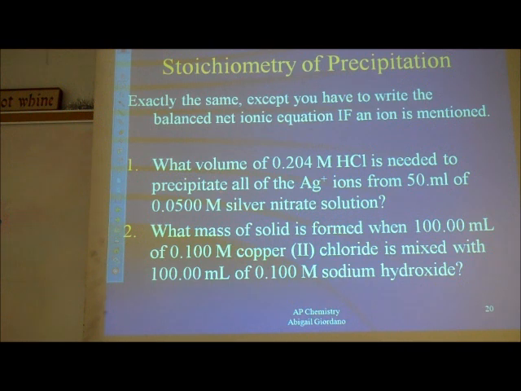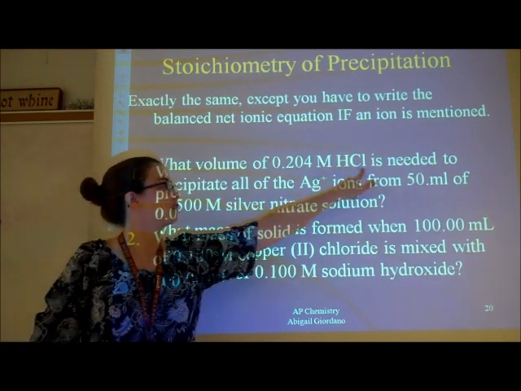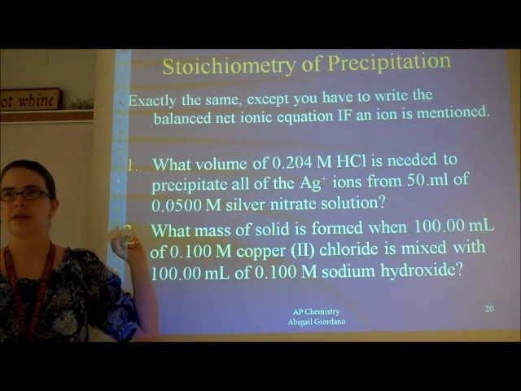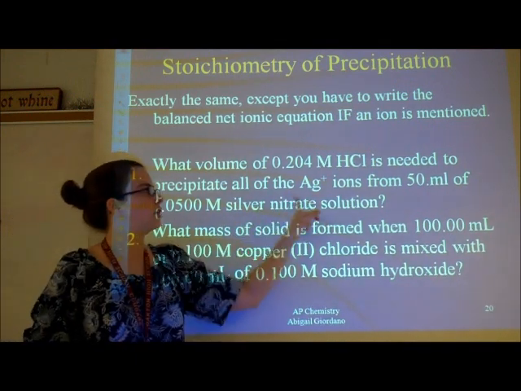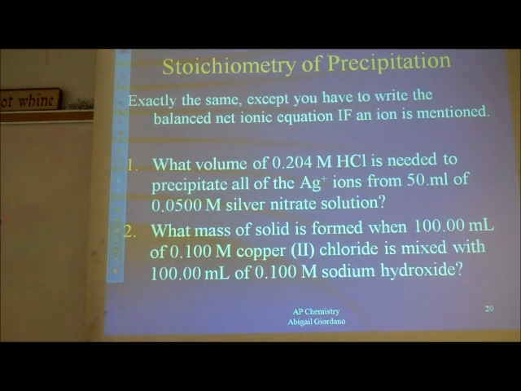Folks, they are giving you, I know it doesn't sound like it because the language is kind of strange, here is one reactant. Here is the other reactant. This problem does mention an ion. I want you to take those two reactants. This is just more practice. Get down to the net ionic equation and then stop there.